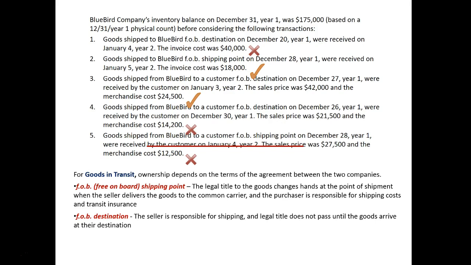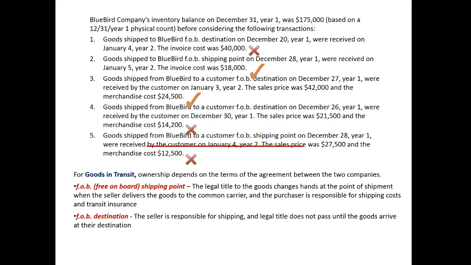Goods shipped from Bluebird to a customer FOB shipping point on December 28th were received by the customer on January 4th. They were shipped on the 28th. FOB shipping point, to me, that means they should be shown in our inventory.